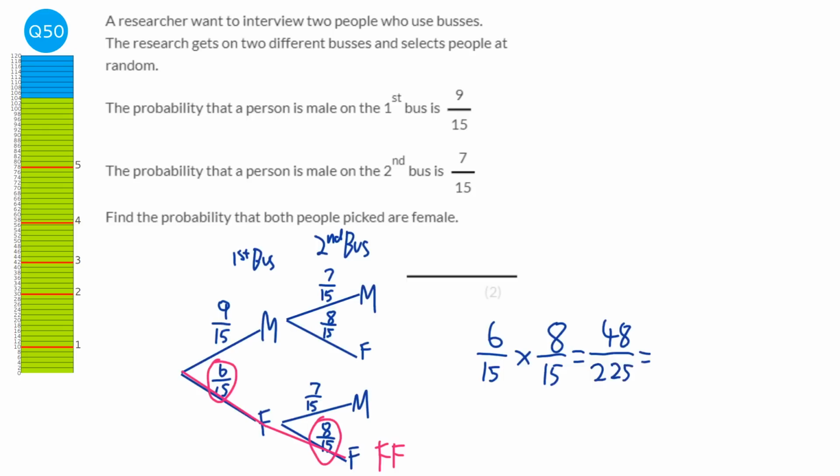Now you can actually cancel that down. You can divide top and bottom by 3, and that will give you 16/75. So either 48/225 or 16/75.